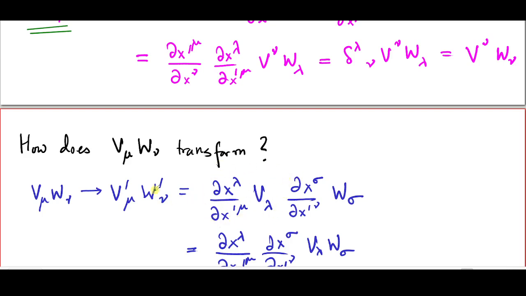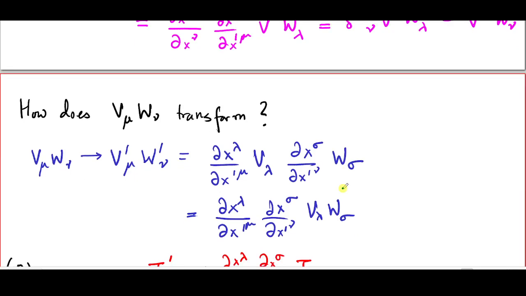And then W prime nu is del x sigma del x prime nu times W sigma. And by putting the coefficients together, we get this transformation rule. V prime mu W prime nu is a linear combination of the old components V lambda W sigma, but the coefficients are del x lambda del x prime mu del x sigma del x prime nu.